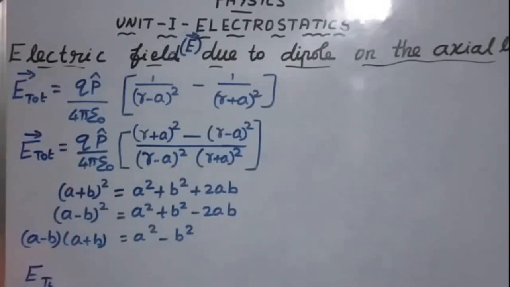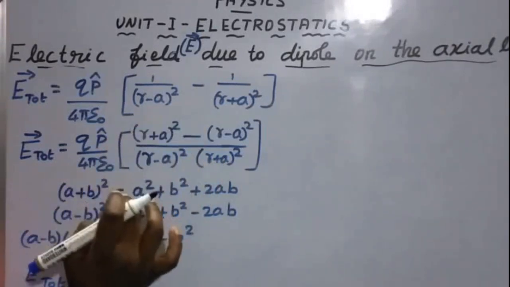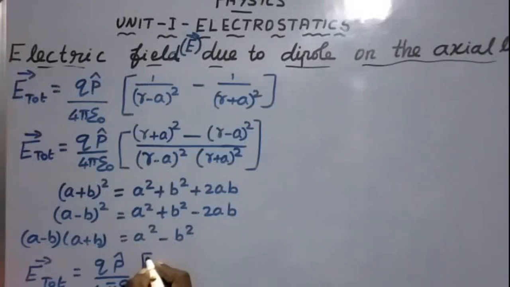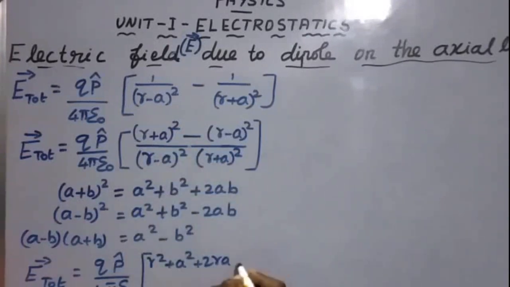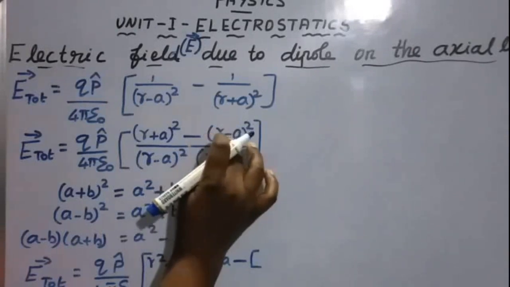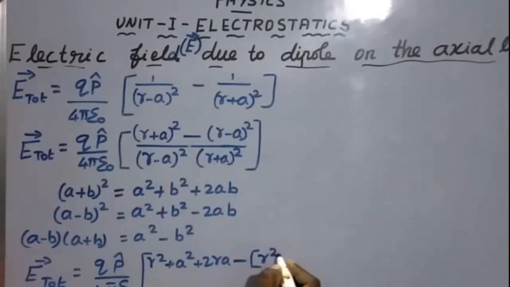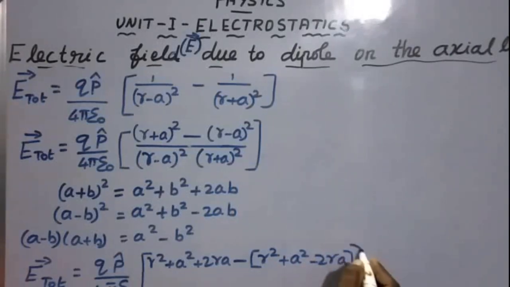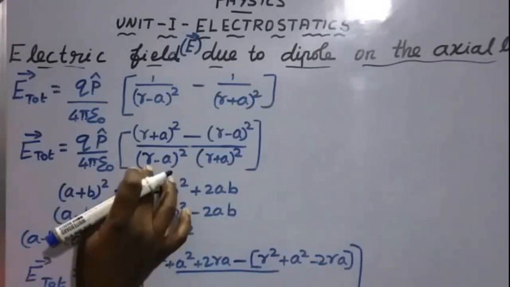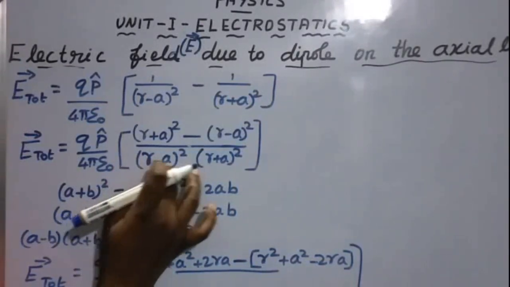Now E total vector equal to q p cap by 4 pi epsilon 0 into, instead of (r plus a) the whole square, substitute this one. So r square plus a square plus 2ra minus, here we have one minus, so put an open bracket, (r minus a) the whole square equal to r square plus a square minus 2ra, divided by, take this as (r minus a) into (r plus a).